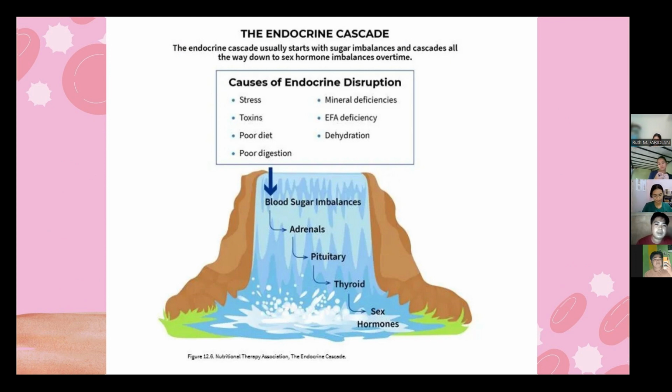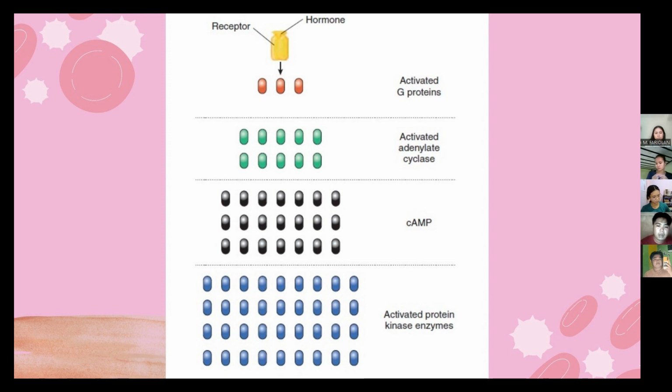So here's an example of the endocrine cascade effect: it starts with blood sugar imbalances, then goes to the adrenals, pituitary, thyroid, and then the sex hormones. Also an example of the cascade effect as I have said earlier.